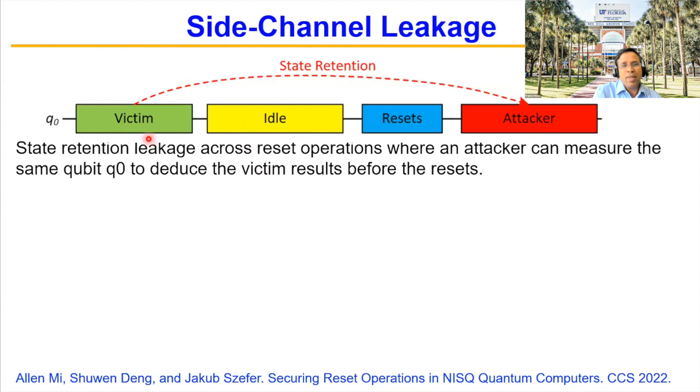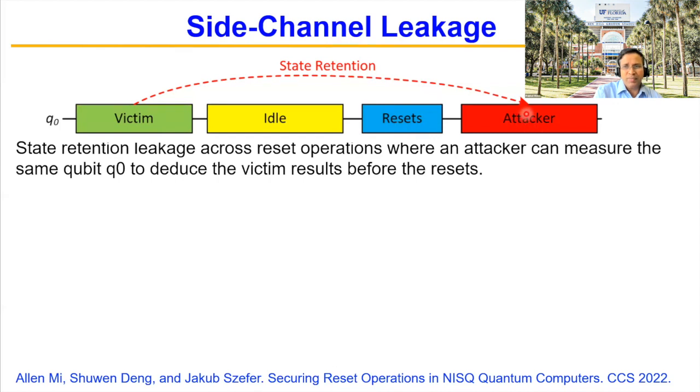But then there are a lot of other types of attacks that are possible. For example, you ran some program through the cloud, and then I'm running on the same computer, assuming I'm using the same set of qubits. Although the system is supposed to reset the qubit, let's say that reset didn't work properly.